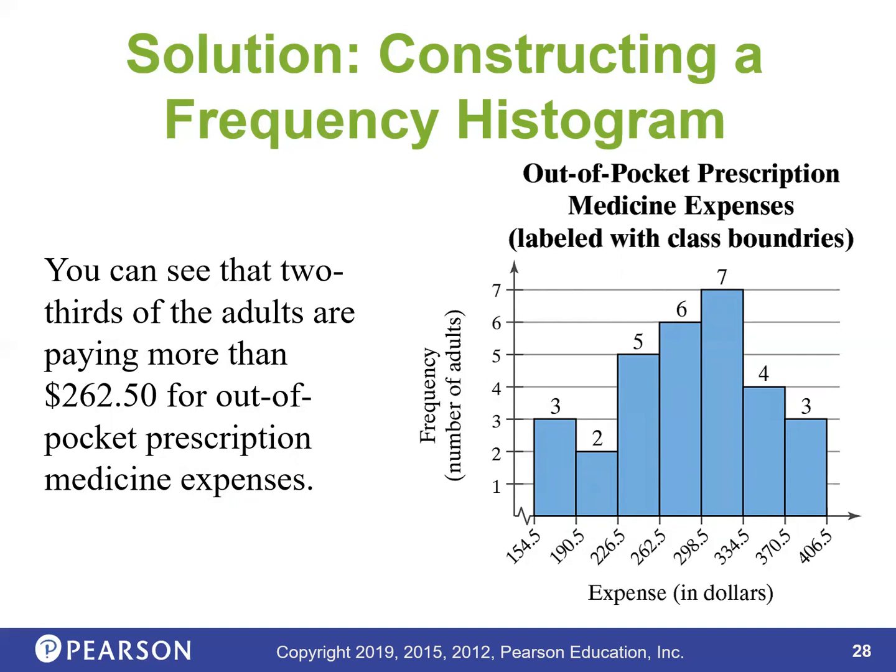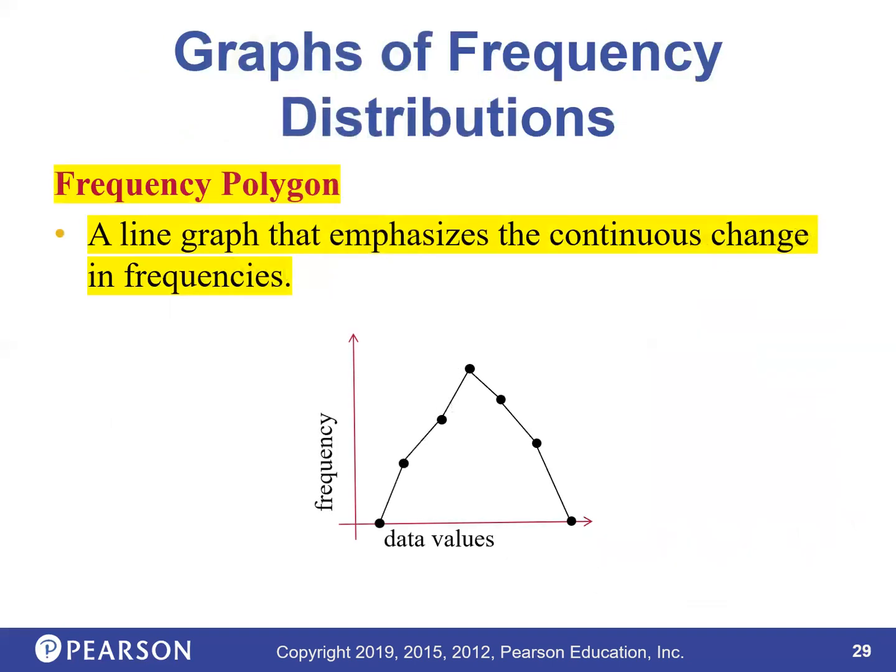Then we have another thing, something called a frequency polygon. Instead of having those columns, this is not used that often. I've seen it sometimes here and there, usually in more technical stuff. This one I've seen more of if it has to do with time.